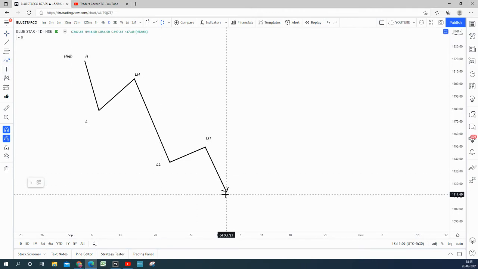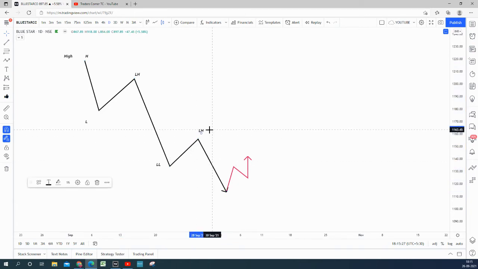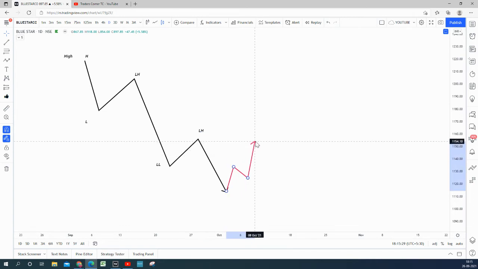So when will you know the market is in an uptrend, even if it is making higher high and higher low? You can say the trend is up only up to this point. If the price is coming up only until this point, you can say it is in a temporary uptrend or it is a correction.